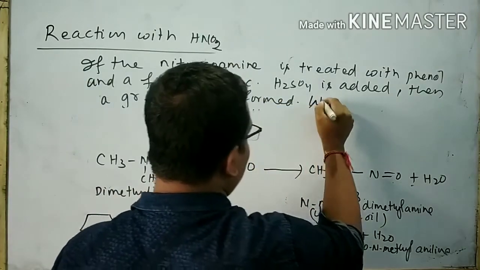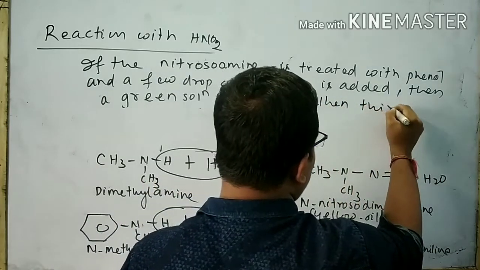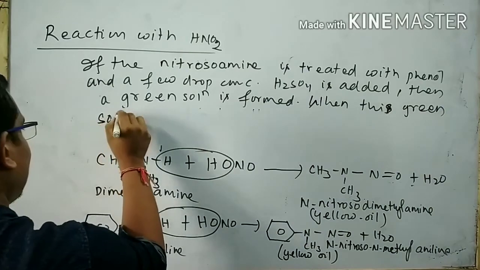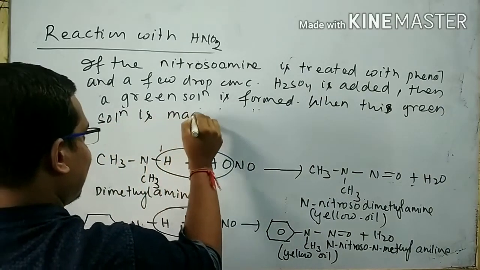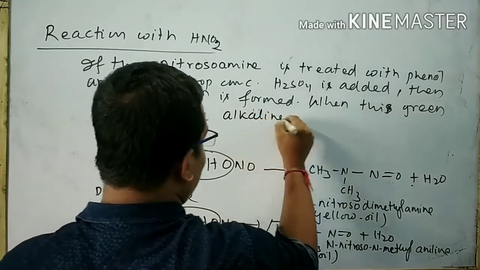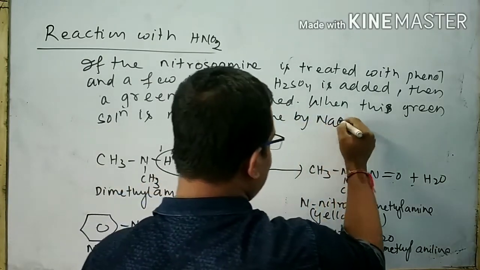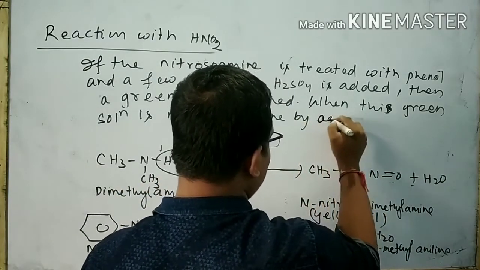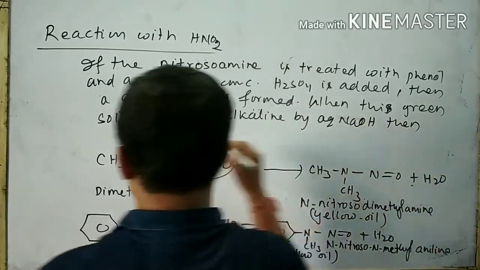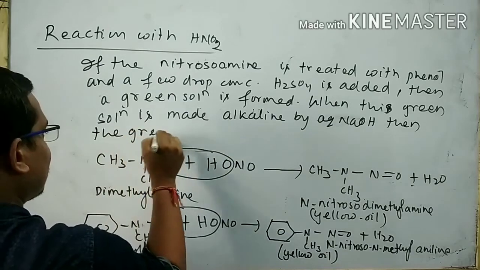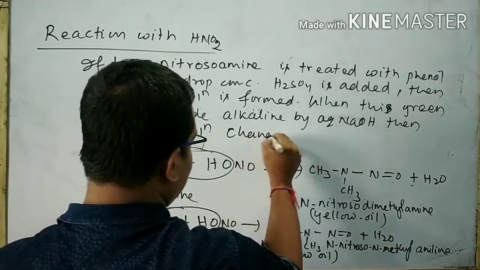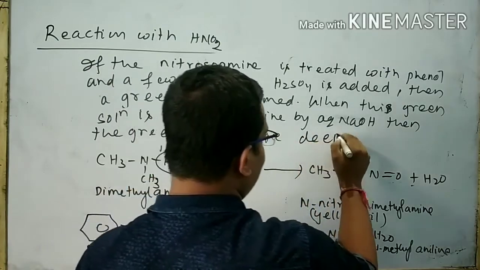When this green solution is made alkaline by aqueous NaOH, then the green solution changes to deep blue.